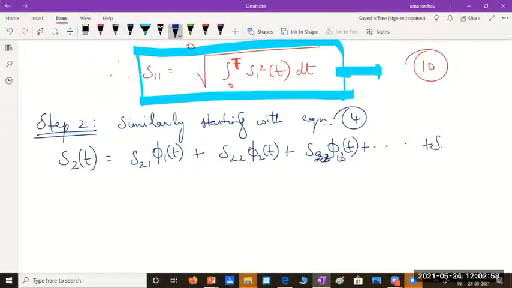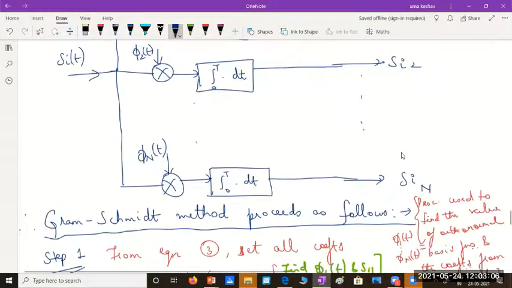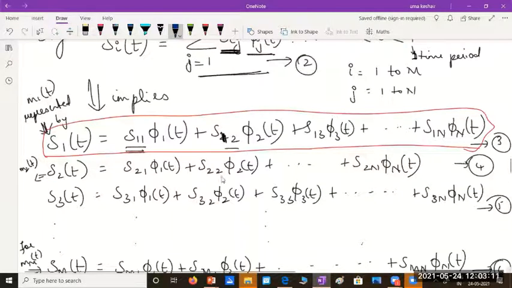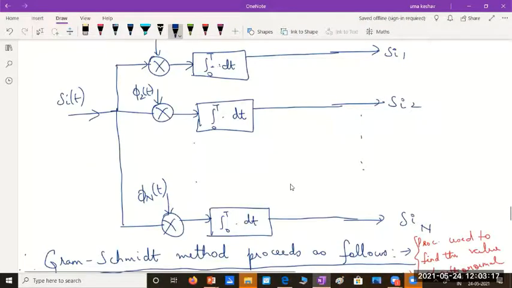Sorry, this should be S23. This was equation 4. We had written it as a linear equation. S2 is S21 phi 1, S22 phi 2, up to S2n phi n. That was equation 4. So we'll start with the second equation.